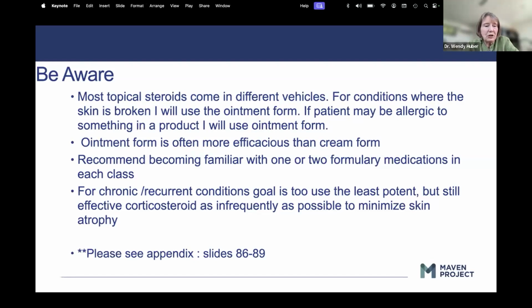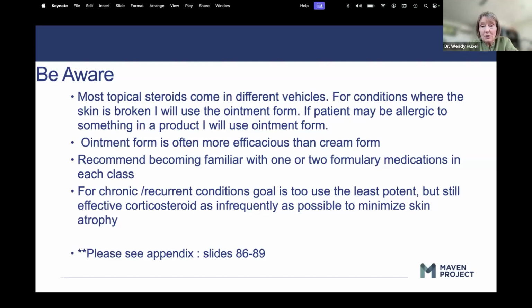Another point that's really interesting is the ointment form is actually really helpful in increasing the efficacy of many of the topical corticosteroids, and it will sometimes bump them up from being like a class 4-5 to a class 2-3.